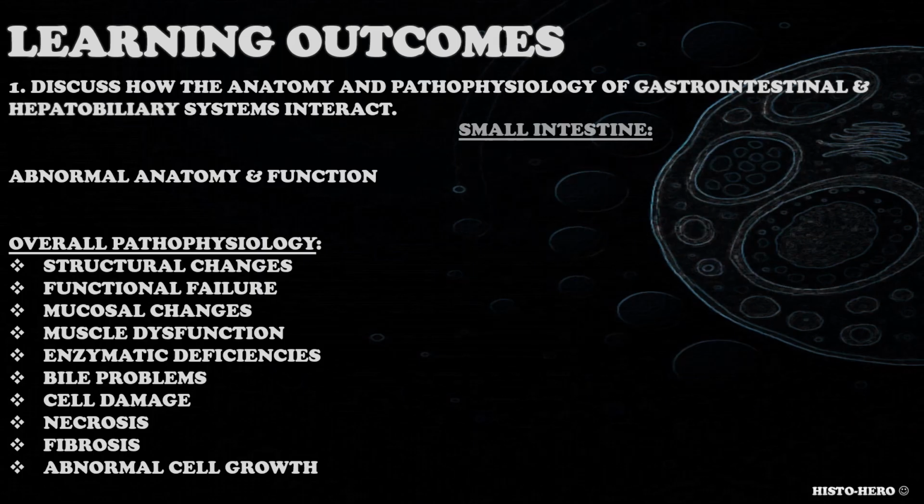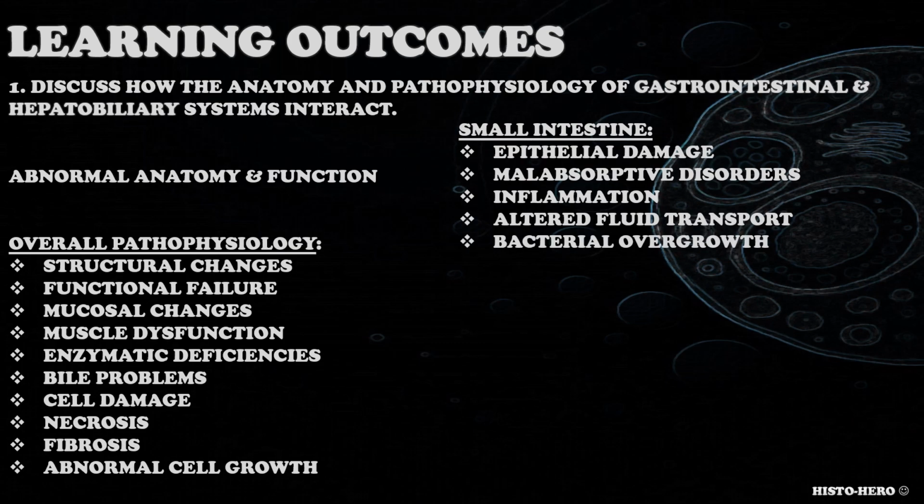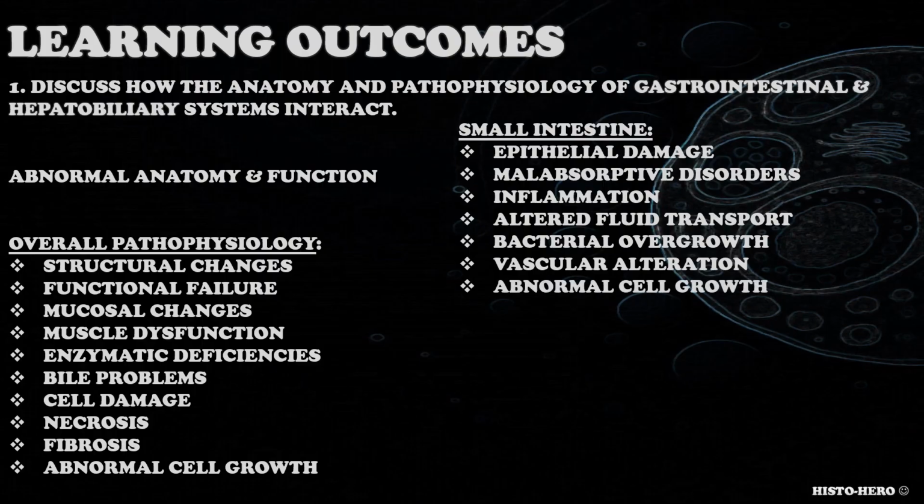Small intestine and epithelial damage leading to malabsorptive disorders like celiac disease or tropical sprue, immune-mediated inflammation and Crohn's disease, altered fluid and electrolyte transport and diarrhea, bacterial overgrowth, mechanical and vascular alteration leading to acute mesenteric ischemia or obstruction, abnormal cell growth leading to cancer like neuroendocrine tumors.